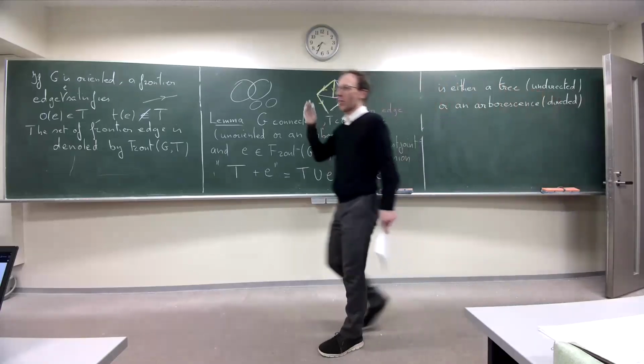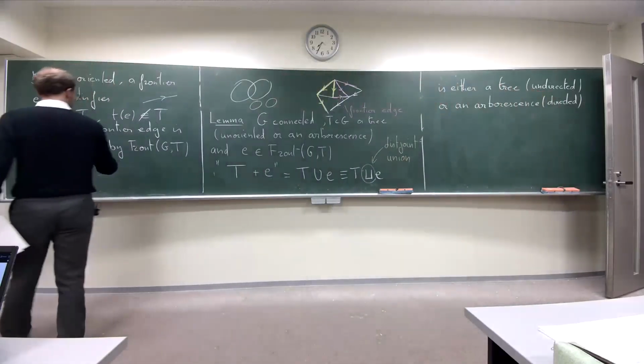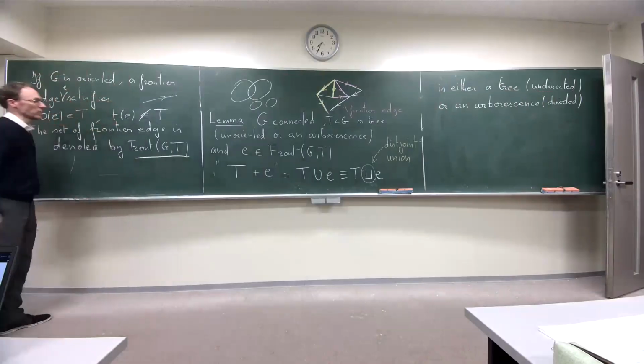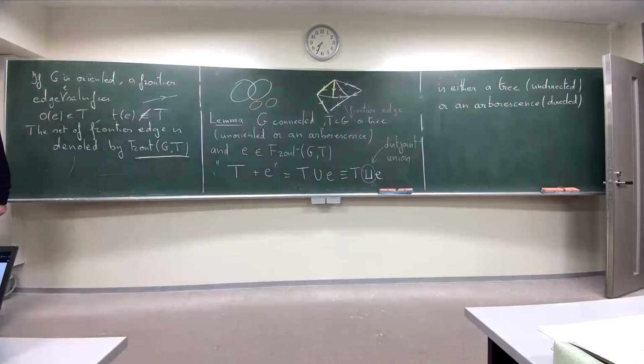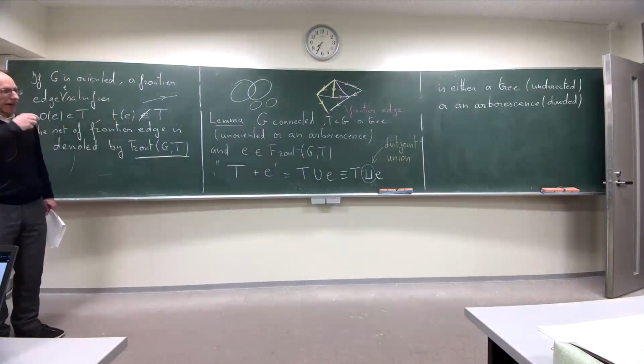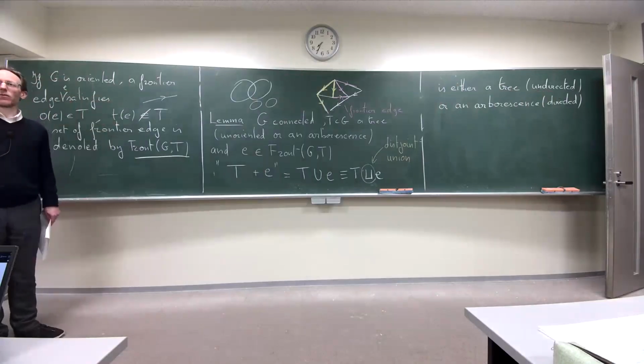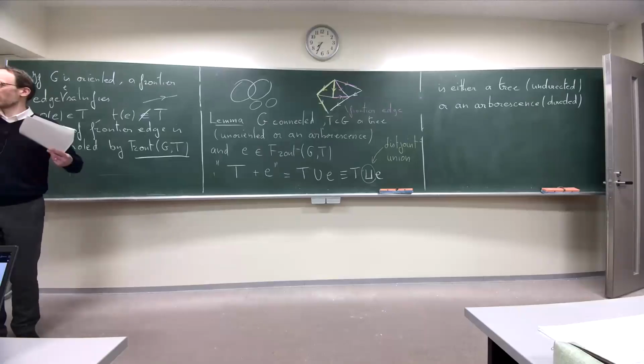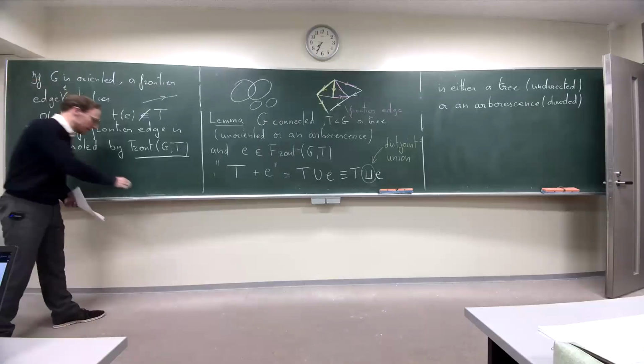And now you understand why, when I defined the notion of frontier, if the graph had the orientation, I only considered the edges starting in T. Because if I add one edge, I get a bigger arborescence. Okay. So this is a way I can at least grow a tree.